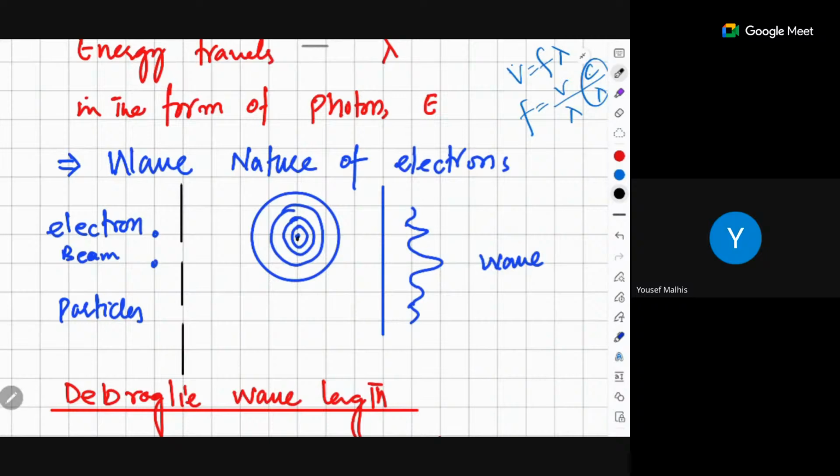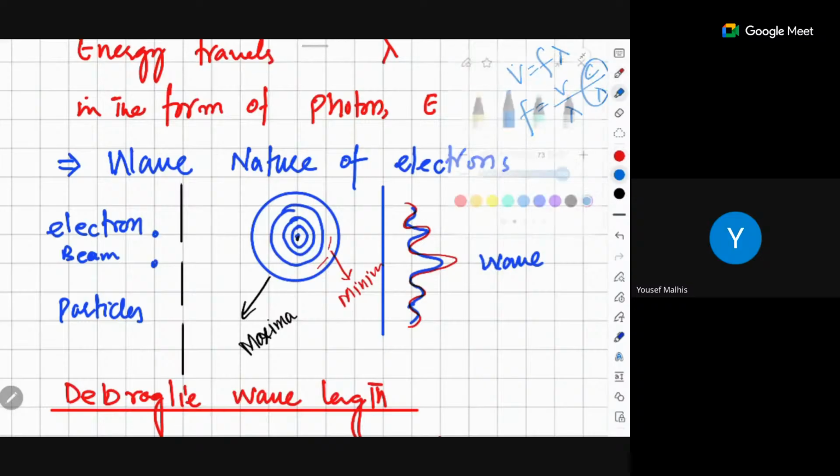In those circles, there are areas where most of the electrons reached, which we call maximum intensity points, and areas where no electrons reached, which is the minimum intensity level. These maximum and minimum intensity levels were the same as in diffraction and interference. So if a particle is performing interference or diffraction, it means that this particle has a wave nature.